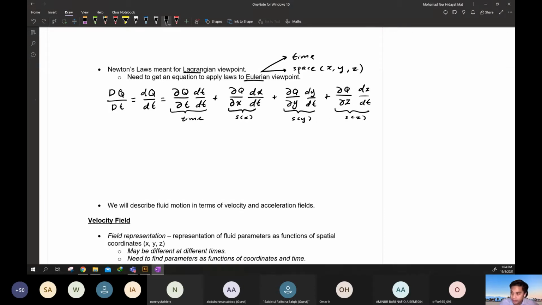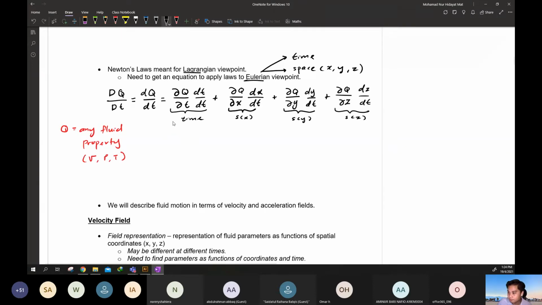Okay, and I would like to highlight here that the Q can be any fluid property, such as velocity, pressure, or temperature. Okay, the Q here.